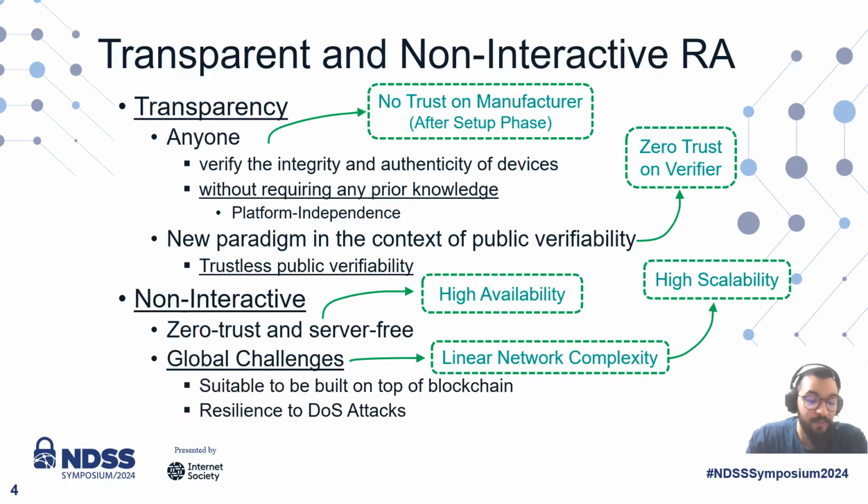To achieve this, we also propose another concept, the global challenges, meaning that one challenge will be used to attest all of the devices during a certain period that we call the attestation interval. This makes it also very suitable to be built on top of data structures like blockchain, and achieving this will also result in some inherent resilience to DOS attacks.